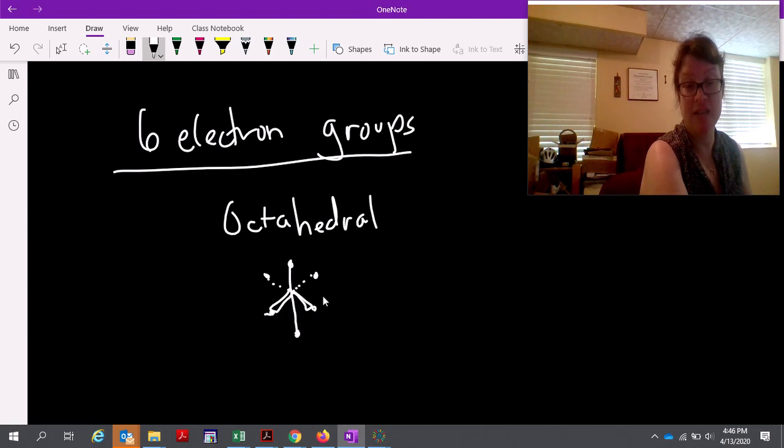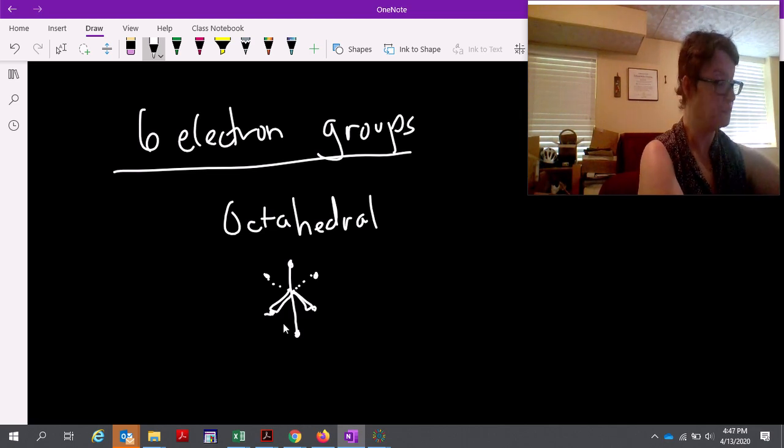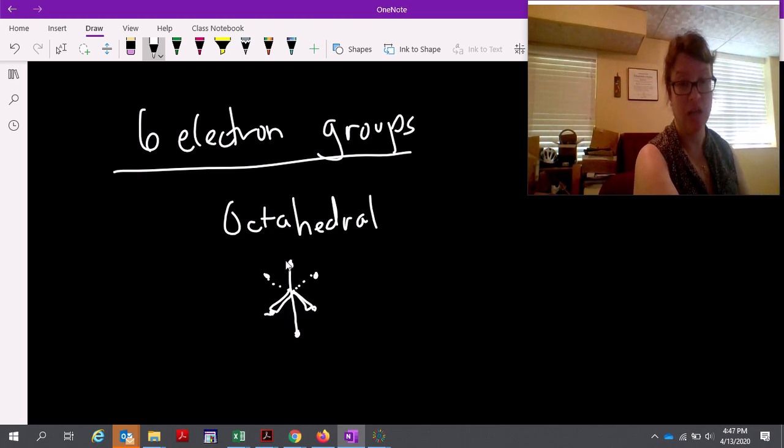And this is basically a square instead of a triangle going around the middle, and I have that up and down portion. And the angles on this are all 90 degrees all the way around.